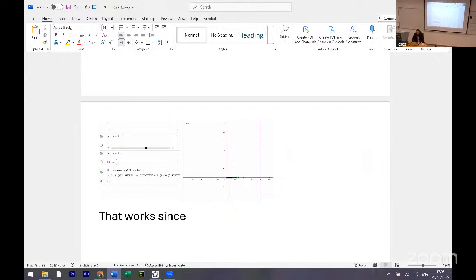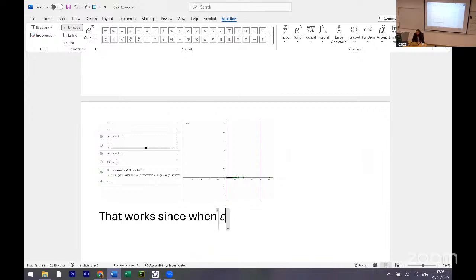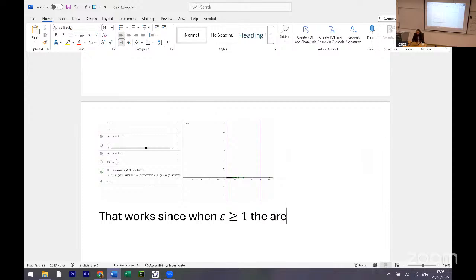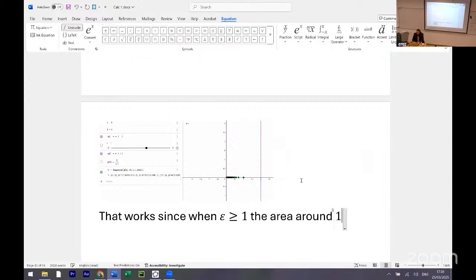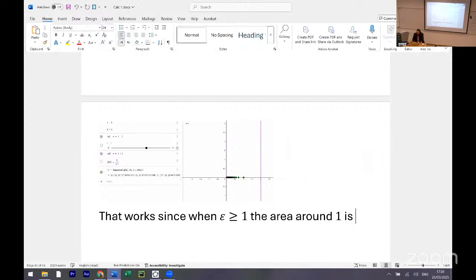It works since when epsilon is larger or equal to 1, the area around 1 is large enough to contain the entirety of the sequence.